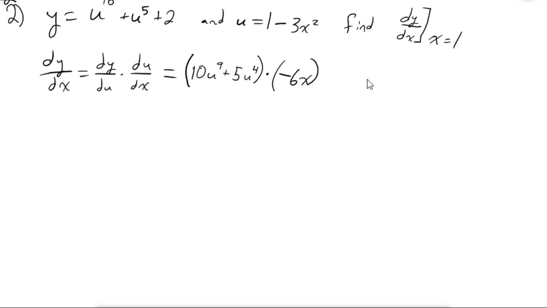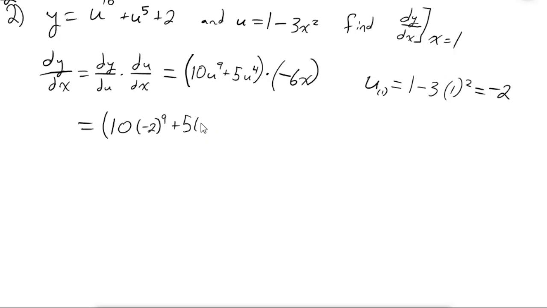So, a little aside: u at the point 1 is equal to 1 minus 3 times 1 squared, which is equal to 1 minus 3, or negative 2. Great. That's a lot easier to deal with. So we have 10 multiplied by negative 2 to the power of 9 plus 5 multiplied by negative 2 to the power of 4, all multiplied by negative 6x.